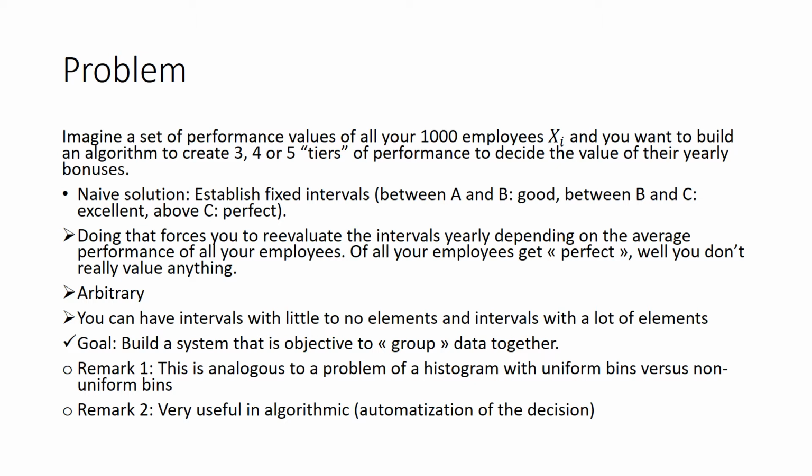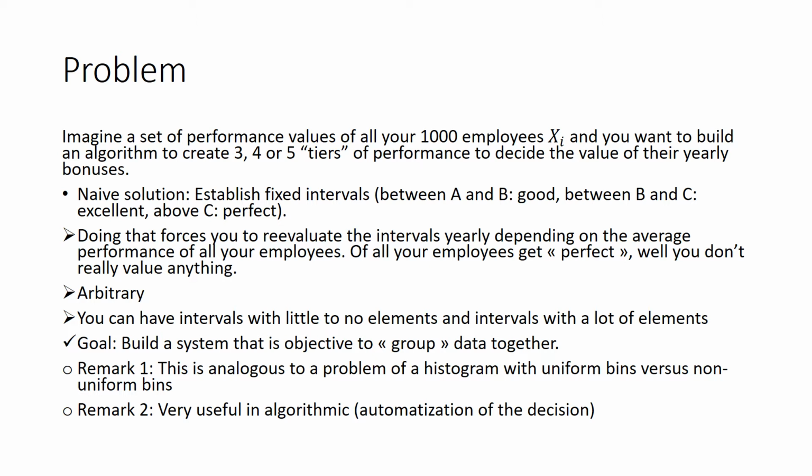Like if you expect your employees' scores to be equally distributed between all the 3 tiers that I said earlier, you might end up with no one being perfect or no one being good or something like that.